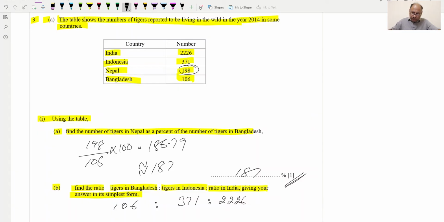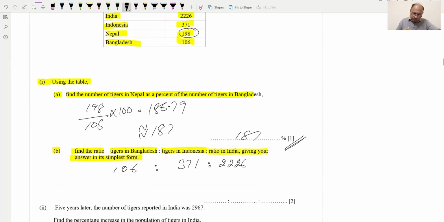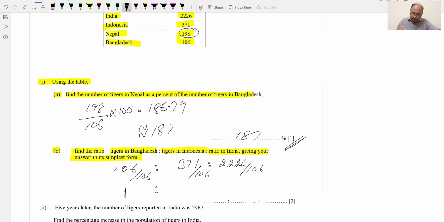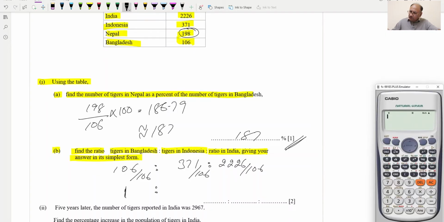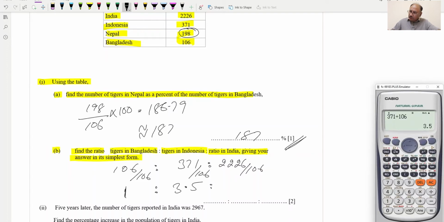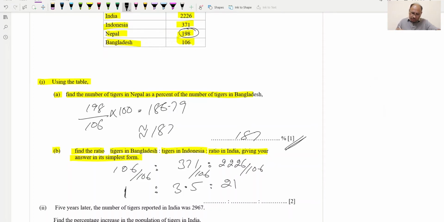Now we have to provide the simplest ratio, so we will divide by 106. 106 divided by 106 will be 1, 371 divided by 106 will be equal to 3.5, and 2,226 divided by 106 is equal to 21.